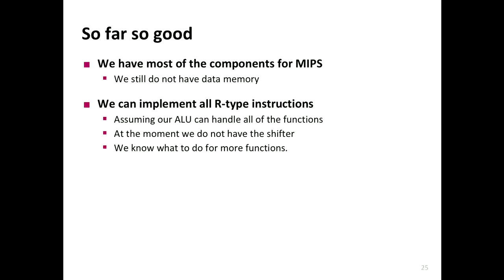We can implement most of the R-type instructions because we are assuming that you have the adders and the shifter implemented in the ALU, and you have the register file implemented, but we don't have the shifter yet. But if you want to add shifting, you know what to do. You have to implement it in your ALU unit. So we have most of the things that we need to implement all R-type instructions. We do not have data memory.